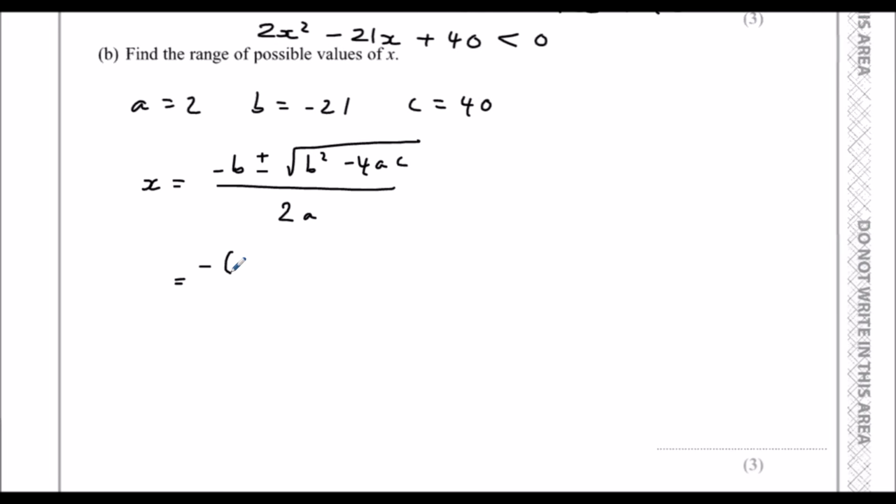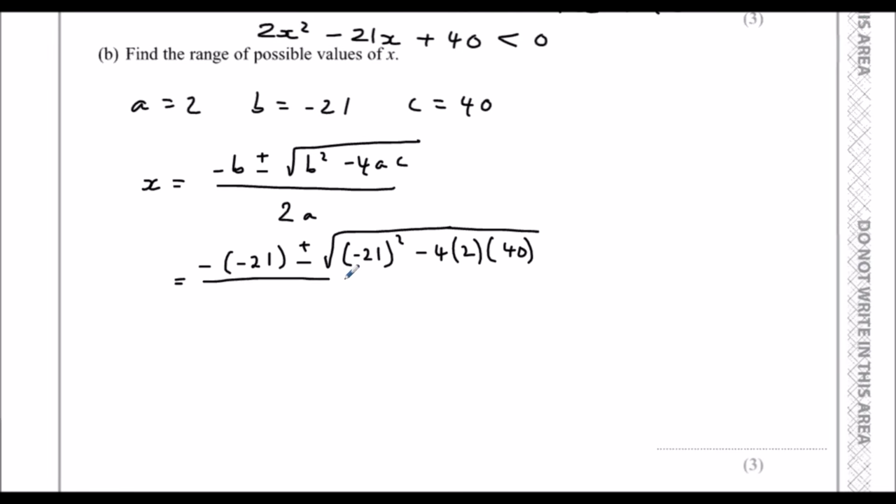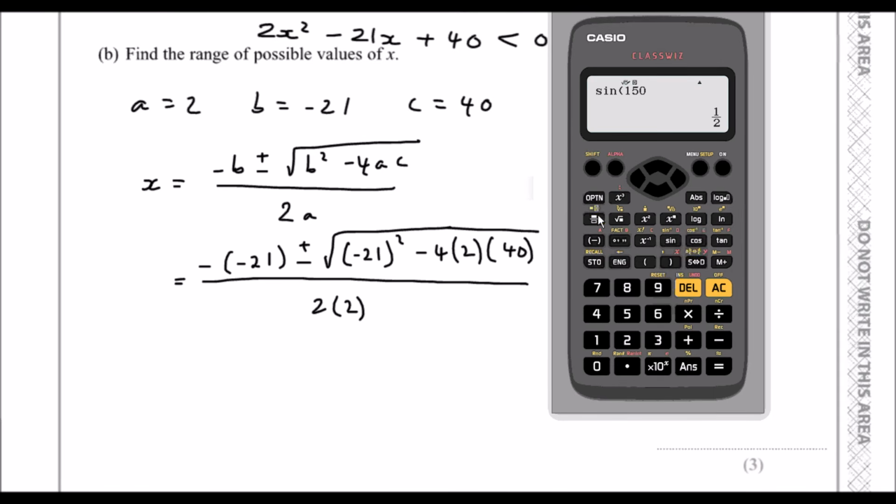So we've got minus 21 plus or minus the square root of minus 21 squared minus 4 times 2 times 40, all over 2a's, which are 2 twos. So I'll type that into the calculator. So with a plus first. So I've got 8, so it would have factorized.